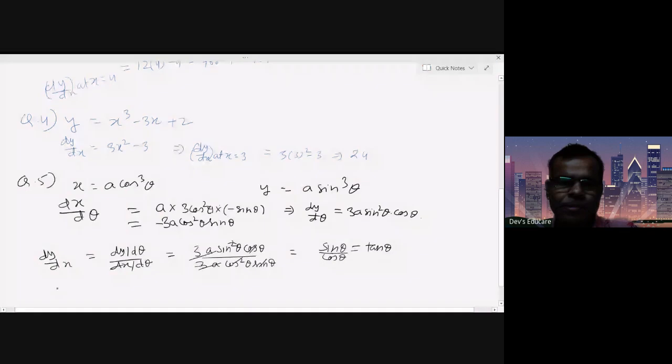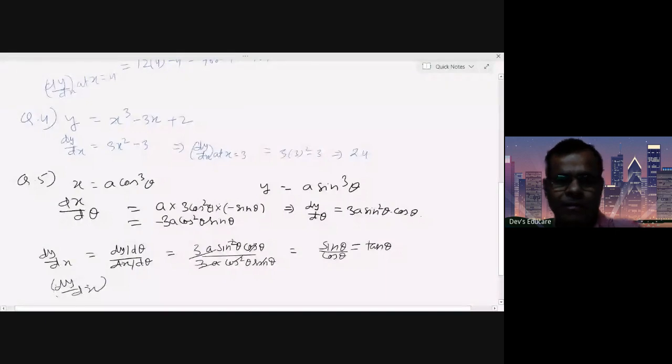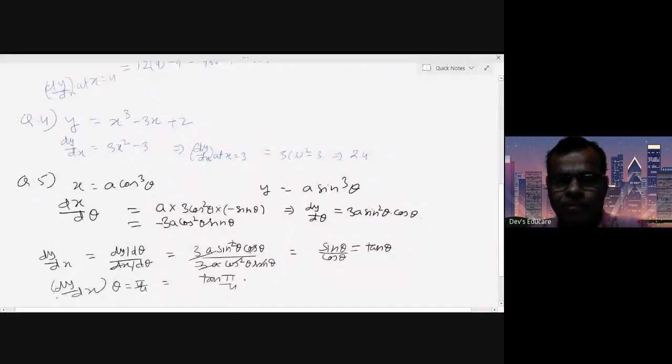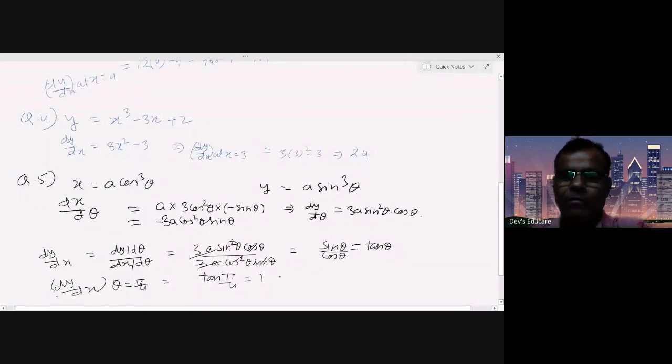So dy by dx at theta equals pi by 4, this will be tan pi by 4 equals 1.